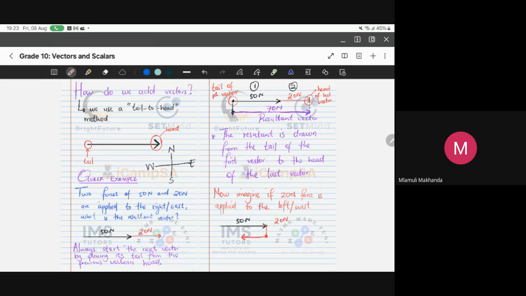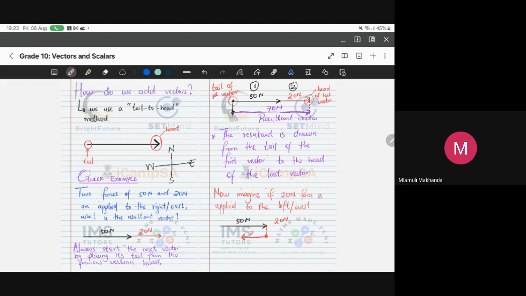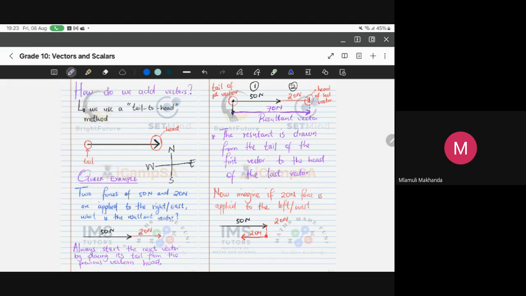Right. So now, how do you draw the resultant? So this is 20 N. You say the resultant is always drawn from the tail to the head.